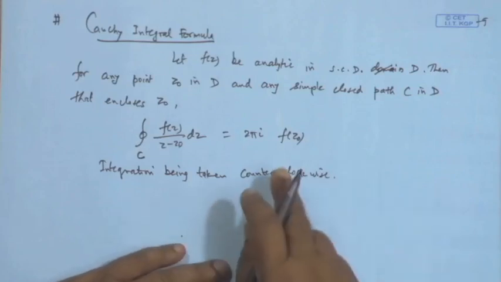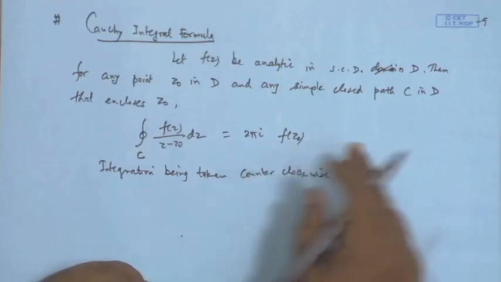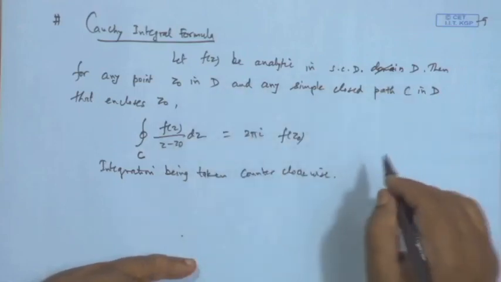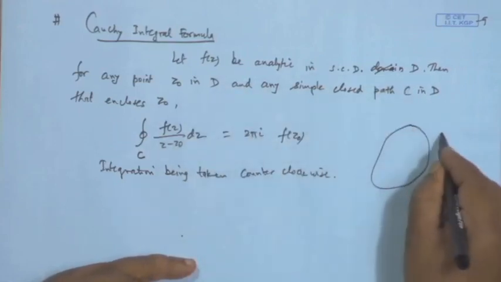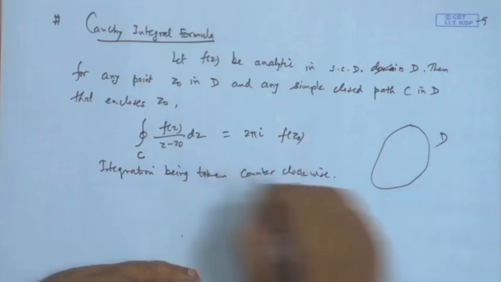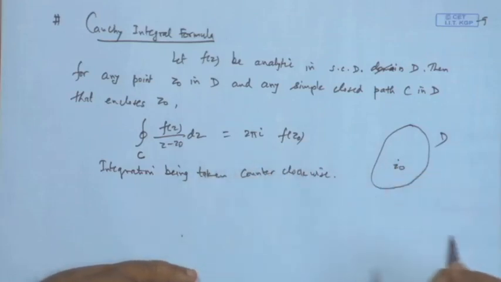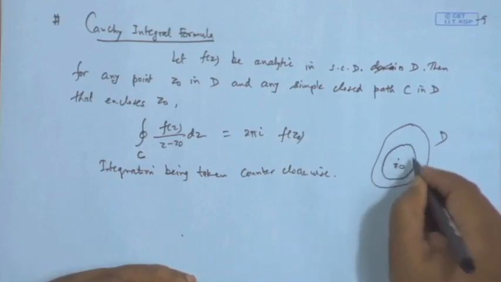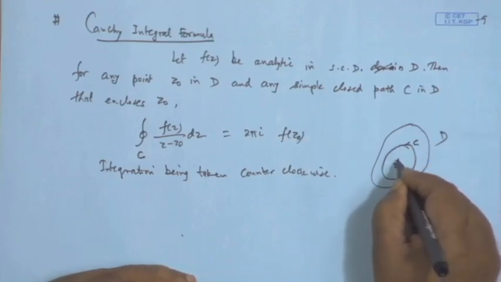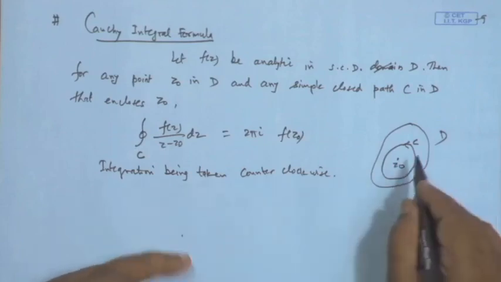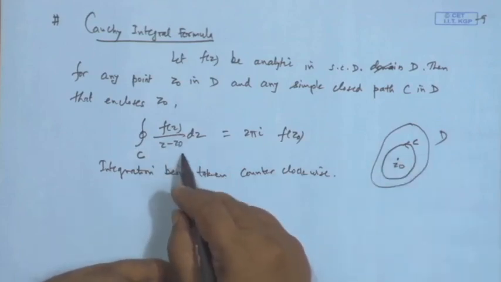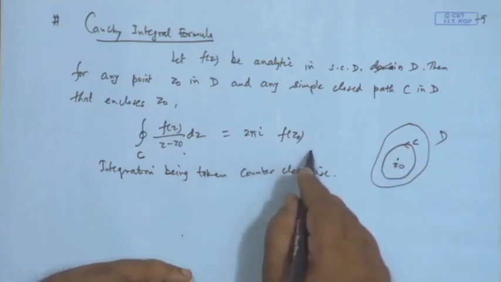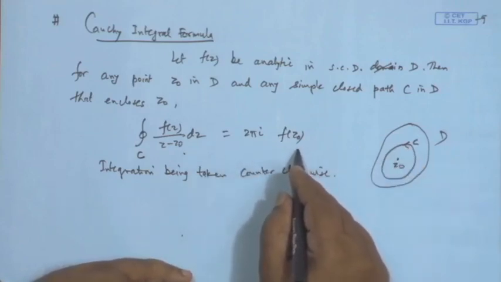So, it means if f z is analytic in a simply connected domain D which has a point z naught inside, take any simple closed path C in D which encloses the point z naught. Then the value of the integral of f z over z minus z naught along the path C will be 2 pi I times the value of the function at z naught.